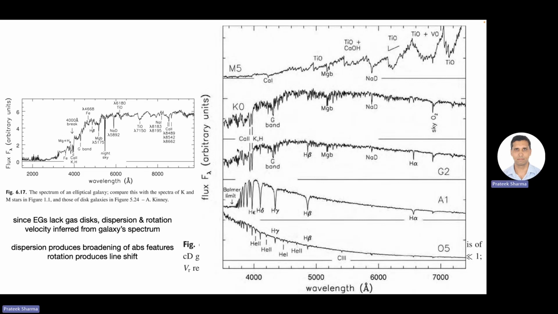That is the idea. You take this composite spectrum, choose your line appropriately, and look at the broadening of the line. That gives you a sense of the velocity dispersion of stars in a galaxy.